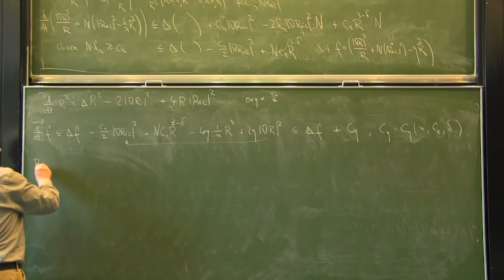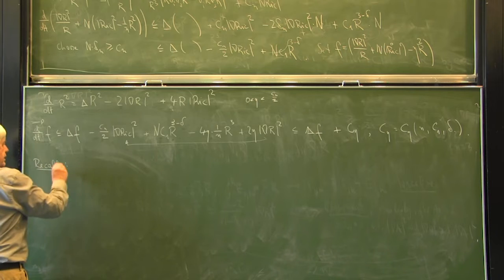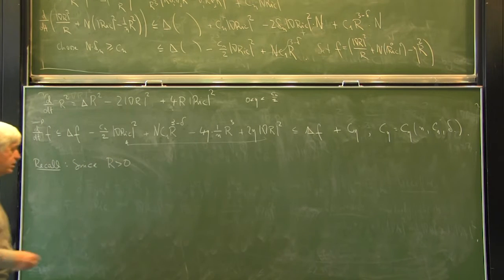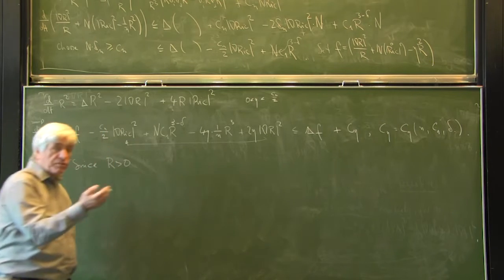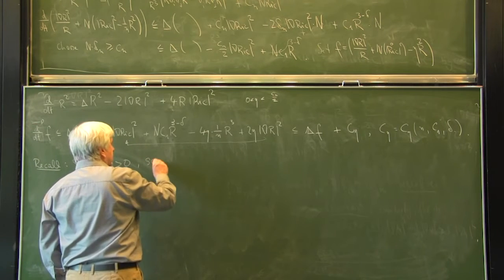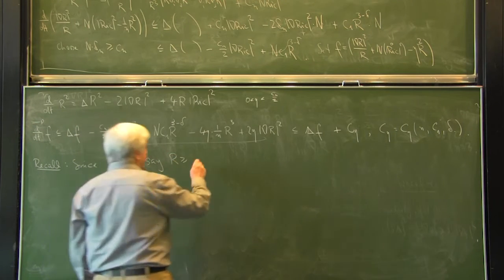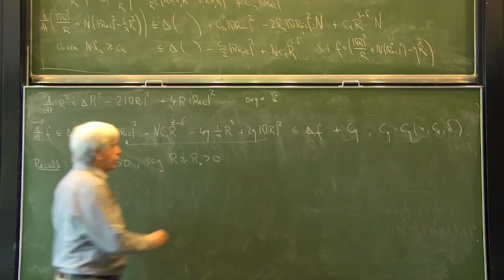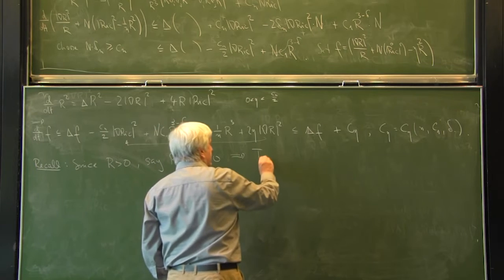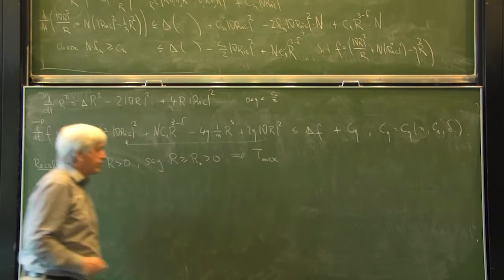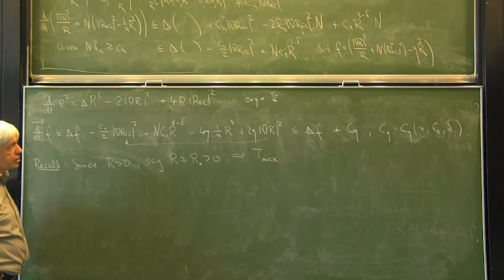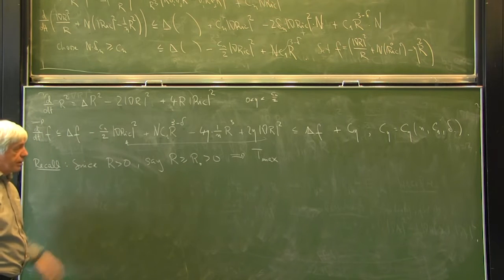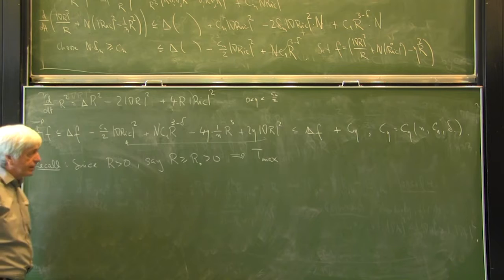So we recall, since the scalar curvature is bigger than 0, and since the manifold is compact, say the scalar curvature is bigger than some R0, bigger than 0, then we had shown, this was in one of the earlier lectures, that if the scalar curvature is positive, because of this evolution equation for the scalar curvature, we get blow-up of the scalar curvature at the latest in finite time.